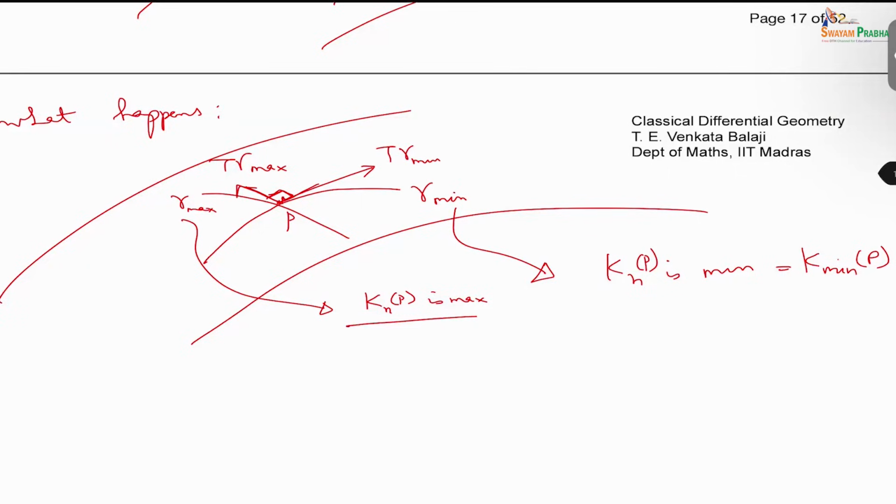Always. Mind you, there is a possibility that this maximum and minimum are equal. For example, if you take a sphere and draw all the big circles through a point on the sphere, you will see that the curvature vector is the vector that points to the center of the sphere, and is constant.